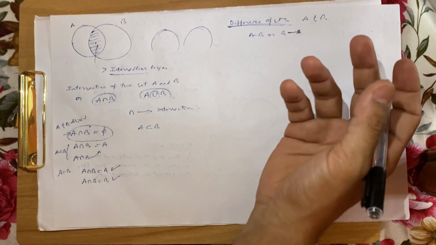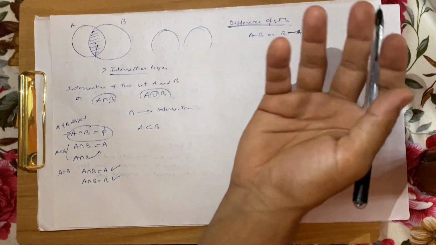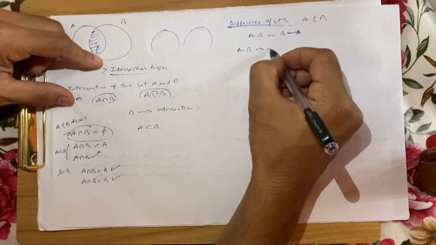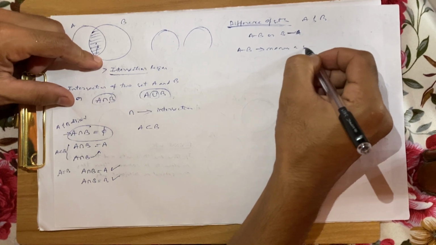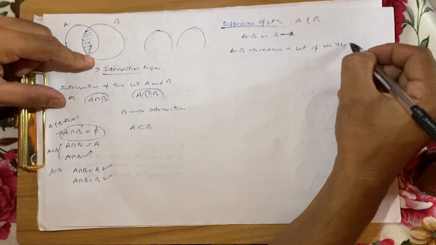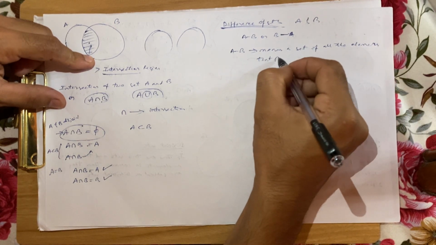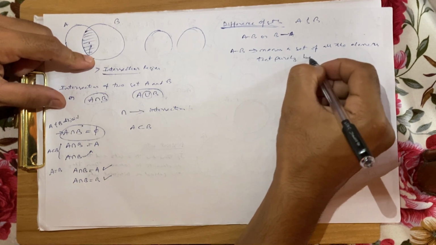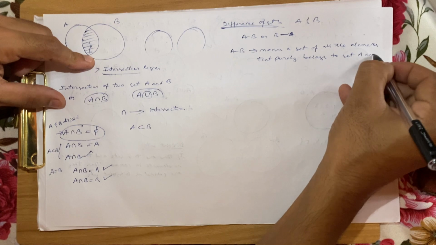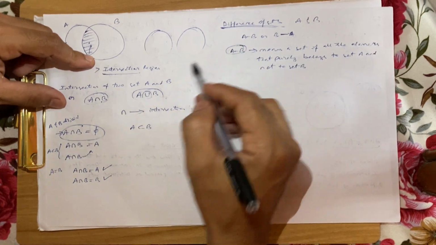Difference means minus, so either I can think A minus B or I can say B minus A. So A minus B means a set of all the elements that purely belong to set A and not to set B. A minus B means what?